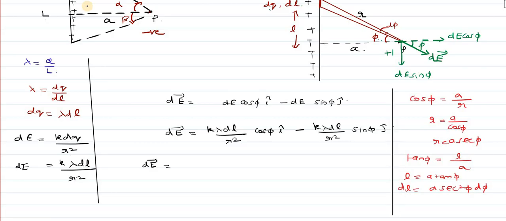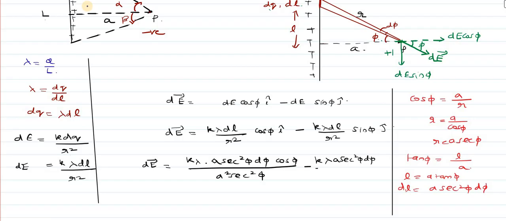So what is the dE? K lambda dL, and dL is written as what? A secant square phi d phi. Cos phi I will write as it is, divided by R square, which I can now write as A square secant square phi. Similarly here also, K lambda A secant square phi d phi divided by A square secant square phi, into sin phi j cap.